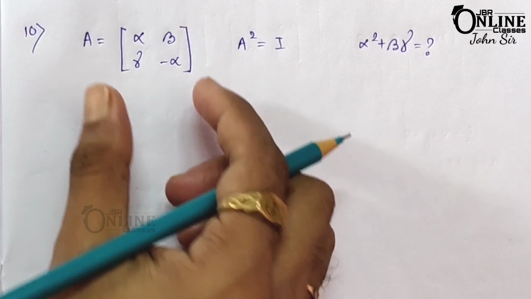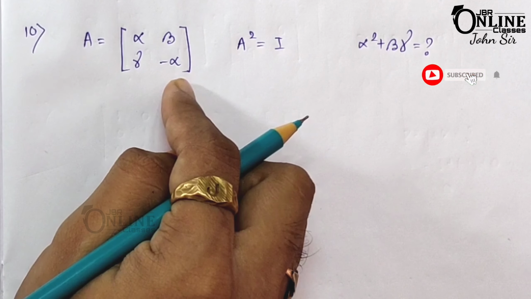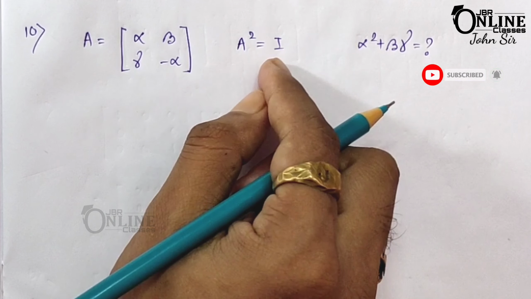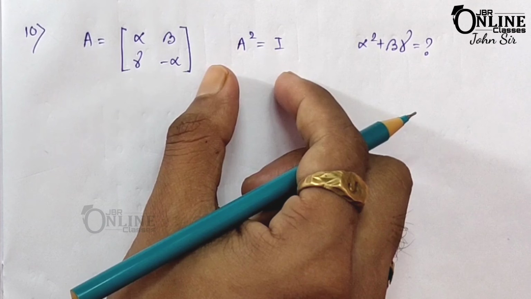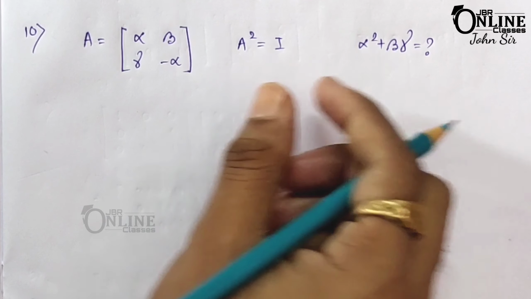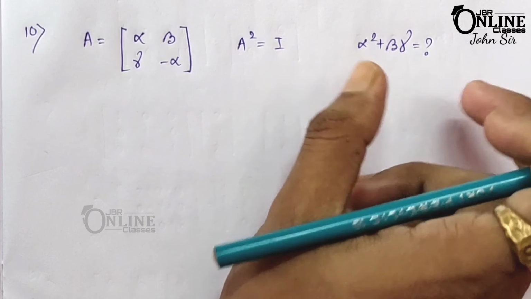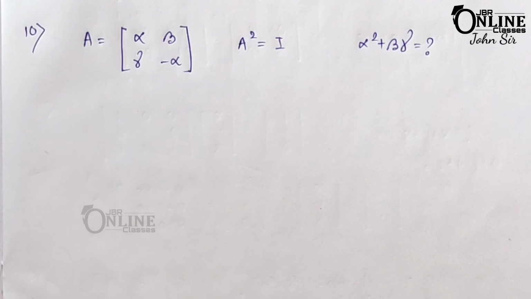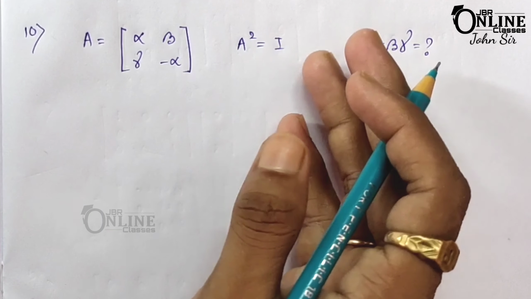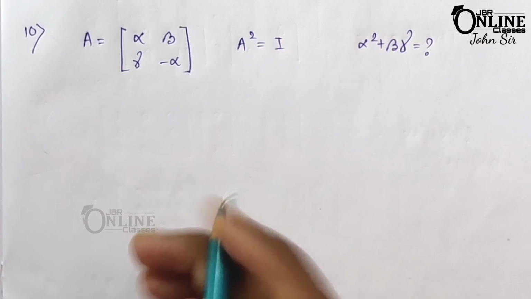Now next one, sum number 10. In sum number 10, here matrix A equal to alpha, beta, gamma and minus alpha. And here A square equal to I, that means identity matrix. Now you have to find out the value of alpha square plus beta gamma. As here A square means A into A, that means you have to multiply two A matrices.